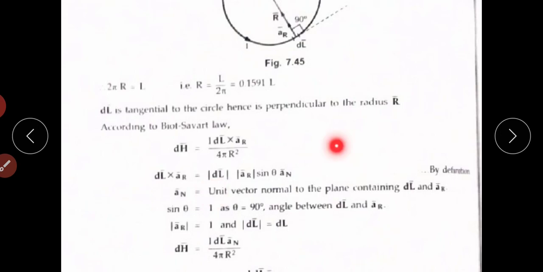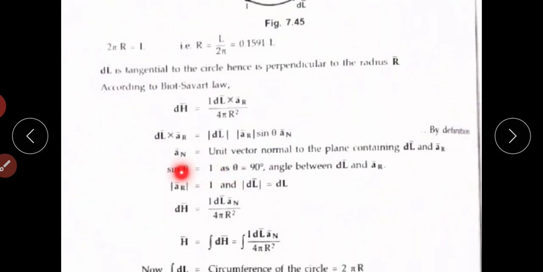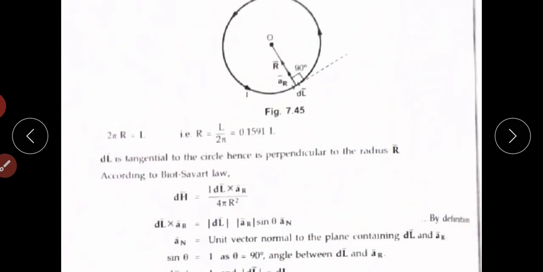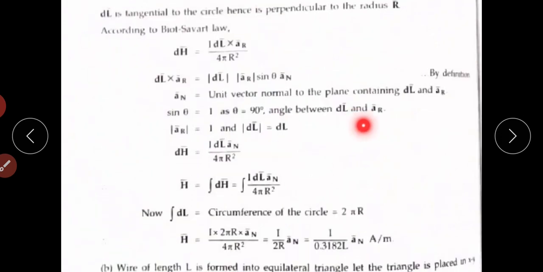The angle between the r bar vector and dl bar vector is 90 degrees, since these two are perpendicular, so theta equals 90 degrees and sin theta equals 1. Modulus of aR bar equals 1 and modulus of dl bar equals dl. So I dl bar cross aR bar equals I dl into aN bar, and dH bar equals I dl aN bar by 4 pi r square.